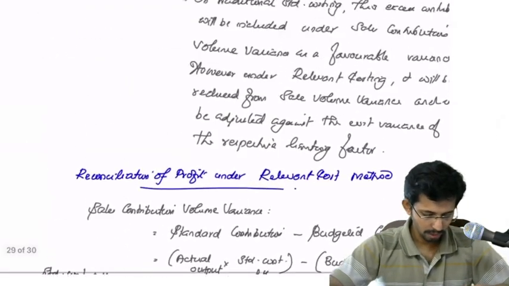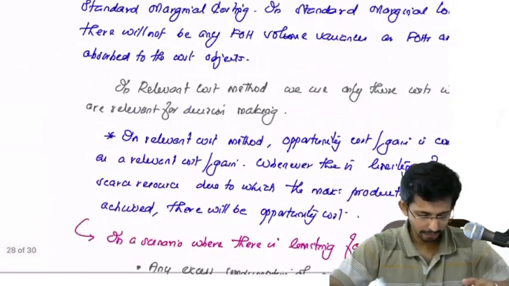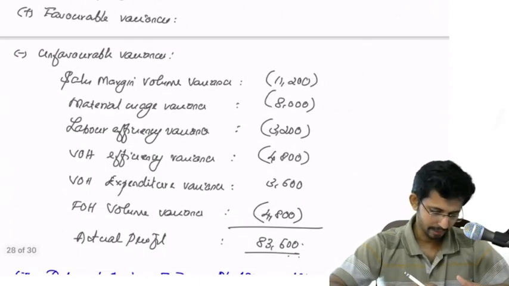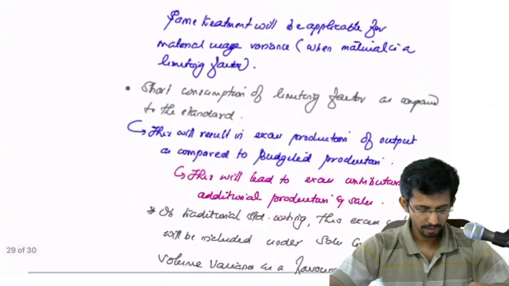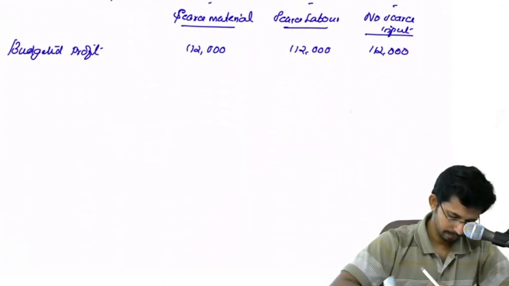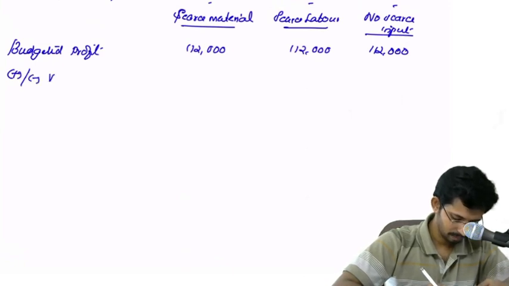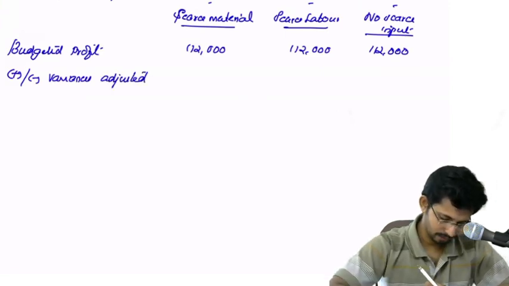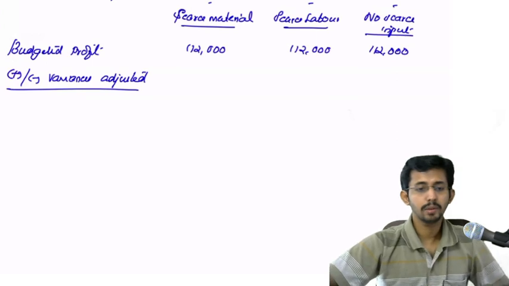You have to adjust the favorable and adverse variances. Okay, so you can take one by one, add or minus variances adjusted.